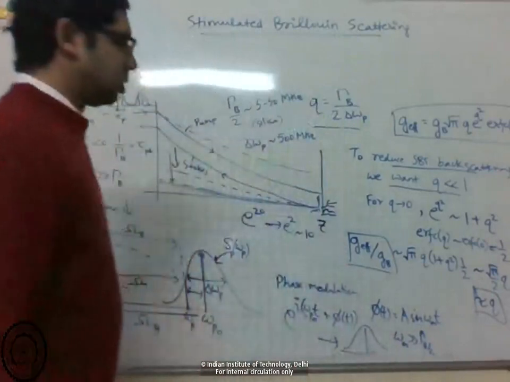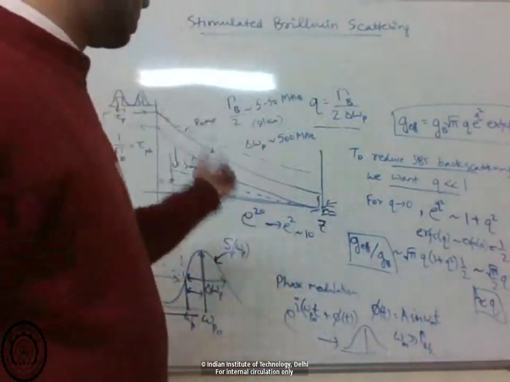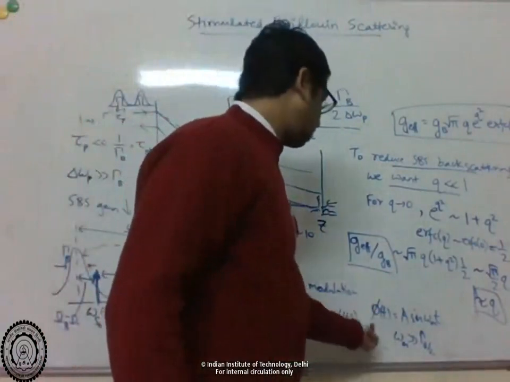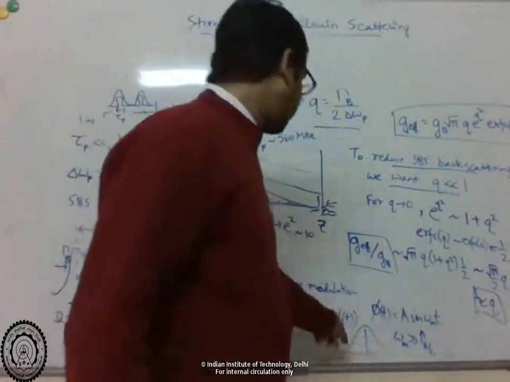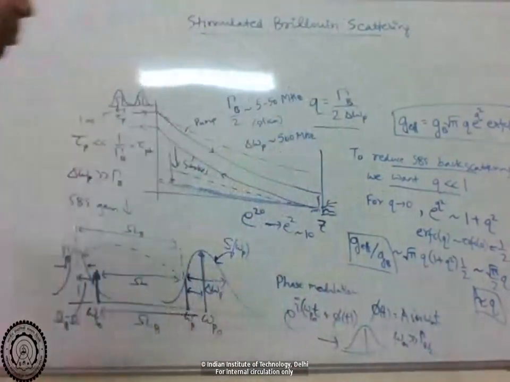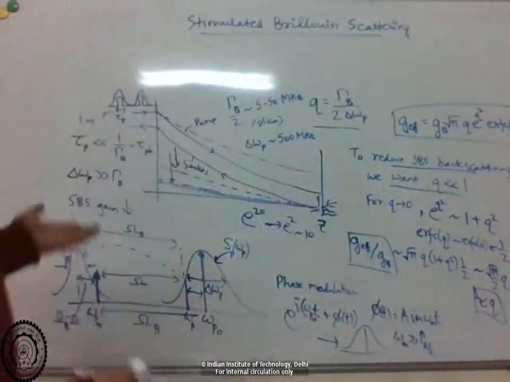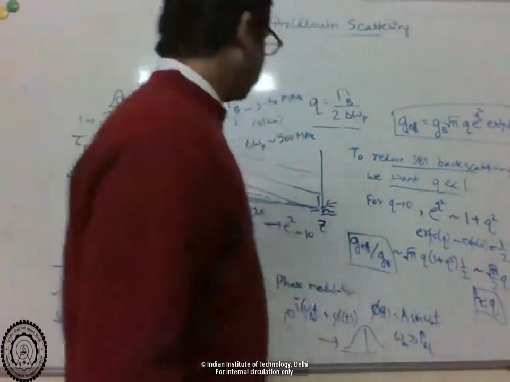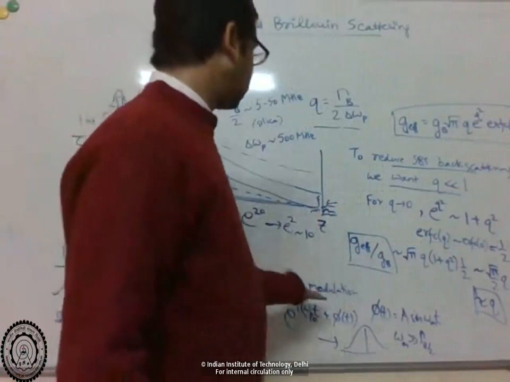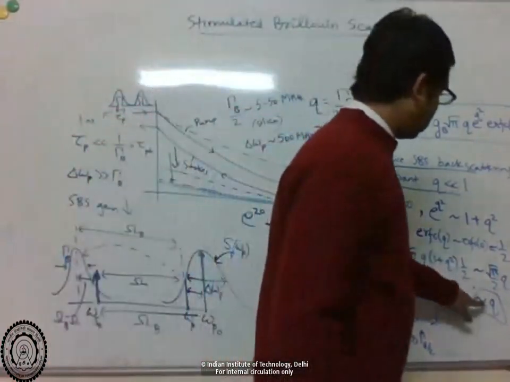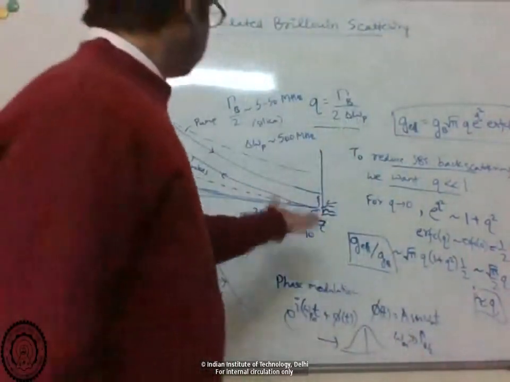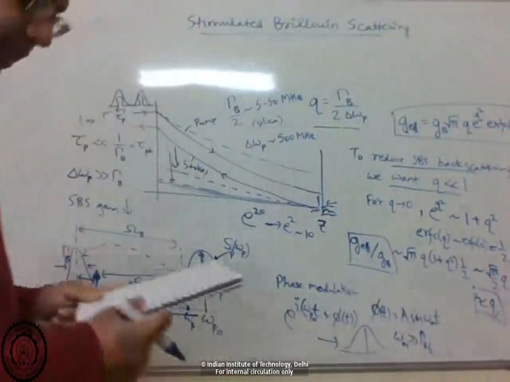What we saw when we were discussing dispersion is that a time-dependent phase gives rise to a frequency shift: d phi by dt gives me a frequency spread, given by omega m. So you can easily do phase modulation at 100 megahertz, 1 gigahertz, or 10 gigahertz, and make this Q very small, 0.1 or 0.01, basically suppressing the effective Brillouin.